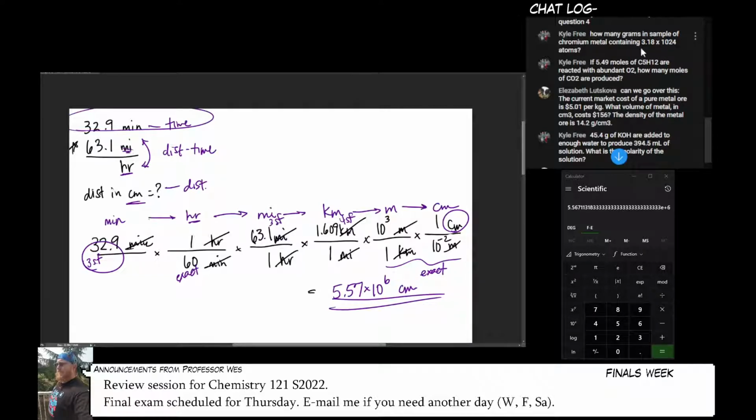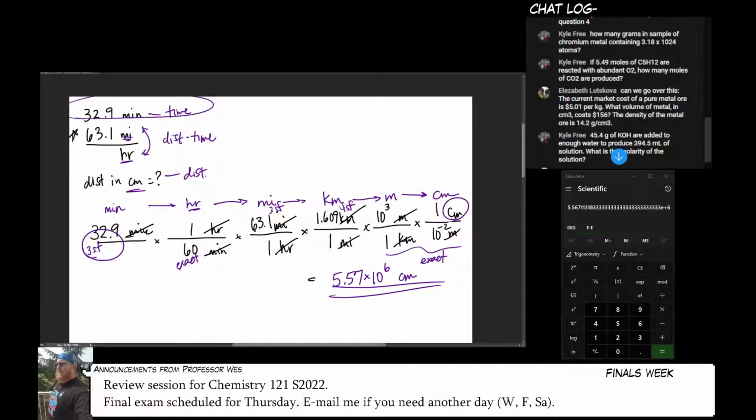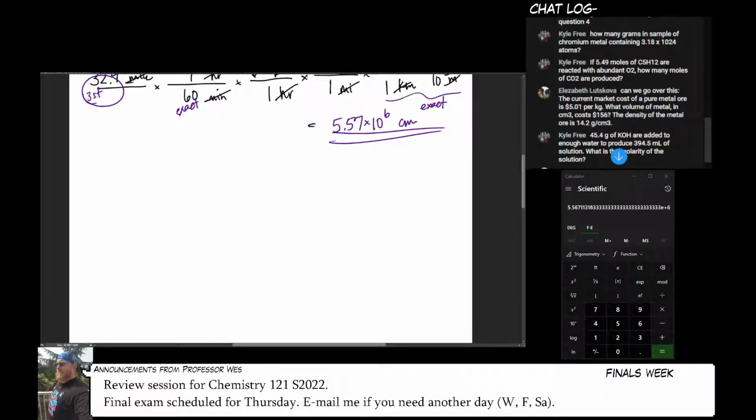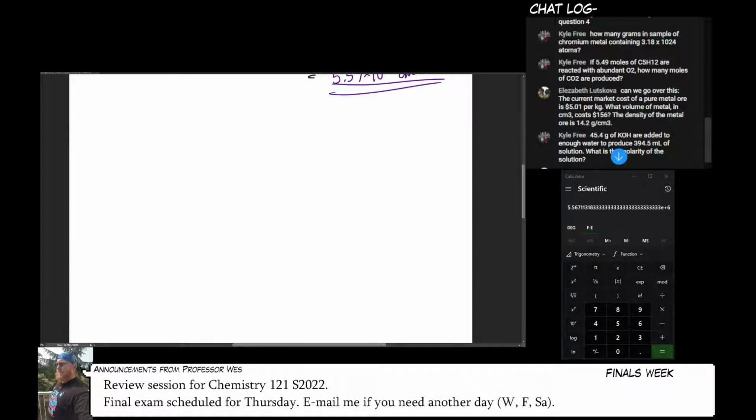Otherwise, that doesn't work. All right, so we have 3.18 times 10 to the 24 chromium atoms, and we want to know how many grams are in the sample.